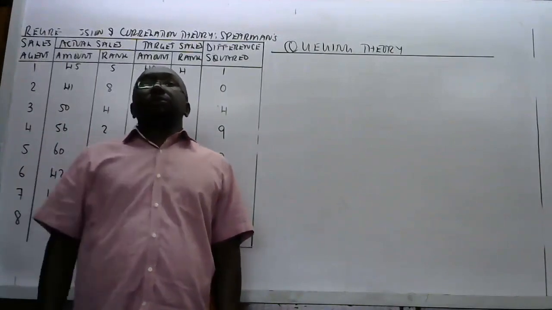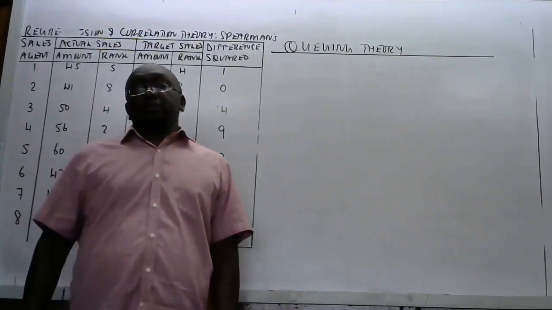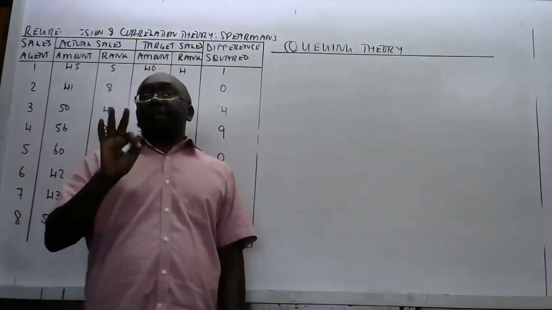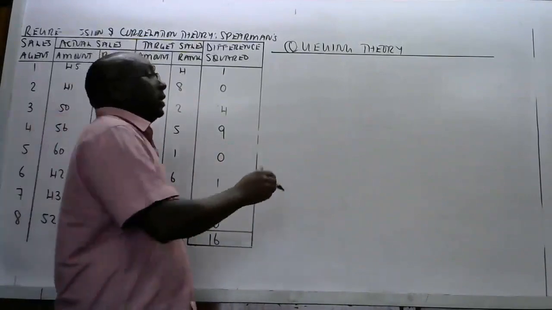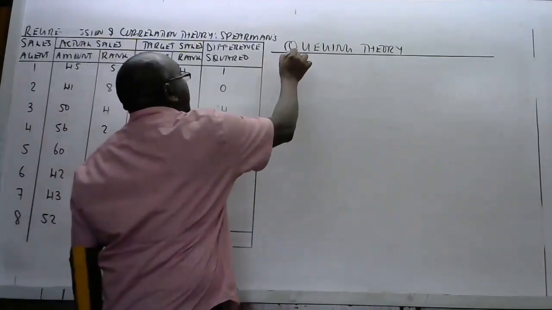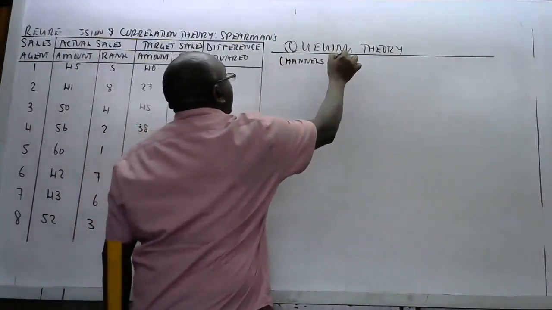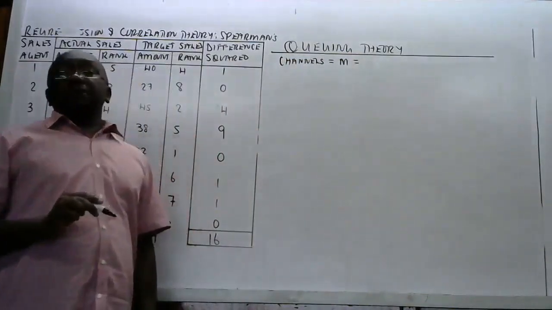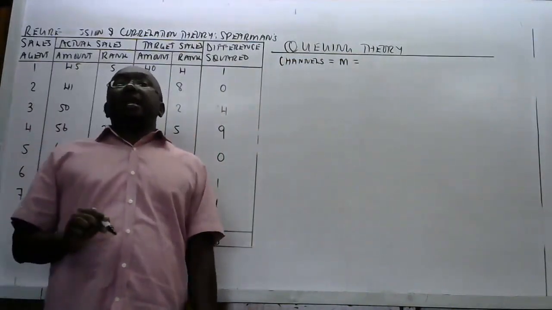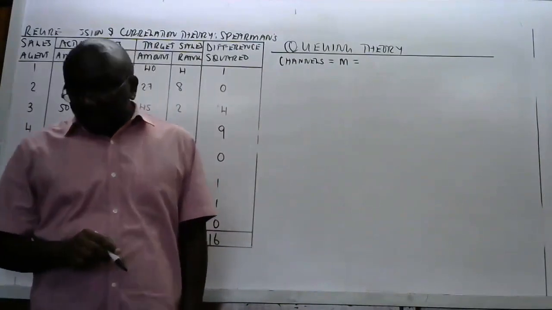Now, when you are dealing with queuing, there are 3 things that you must be able to pick and pick correctly. One is the number of channels, which is usually represented by letter M. The number of channels. And channels refers to the point at which the customer will be served.